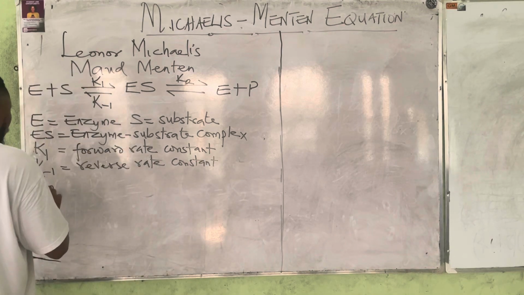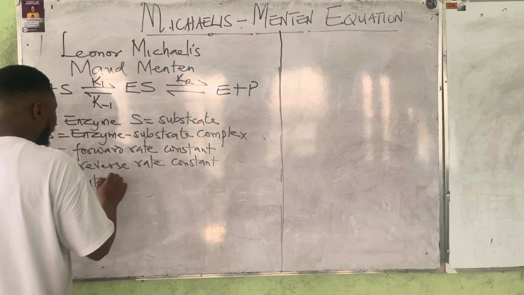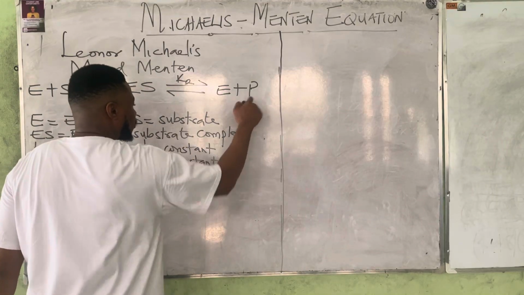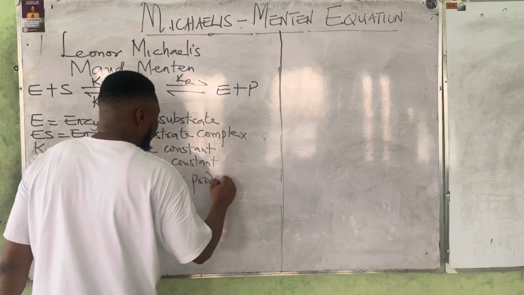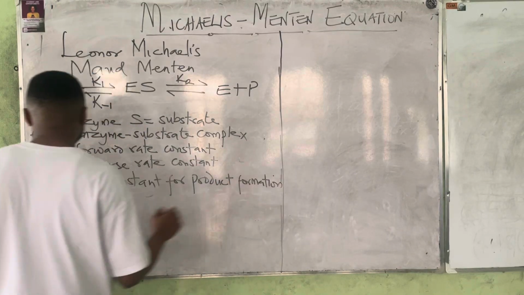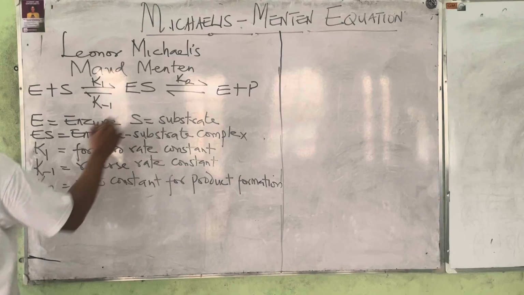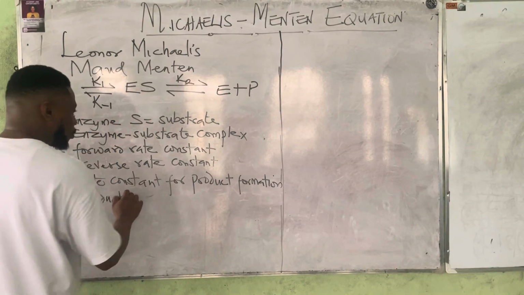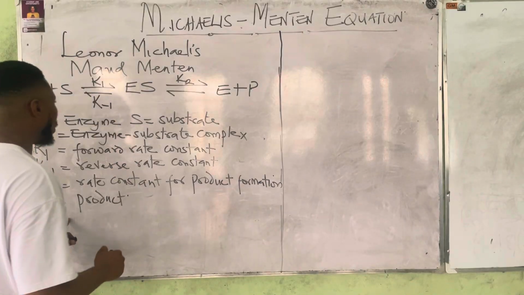Then our K2 is the rate constant for product formation, while our P is called the product. So bear this in mind: P is called the product.